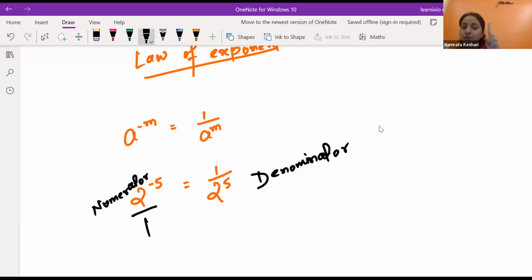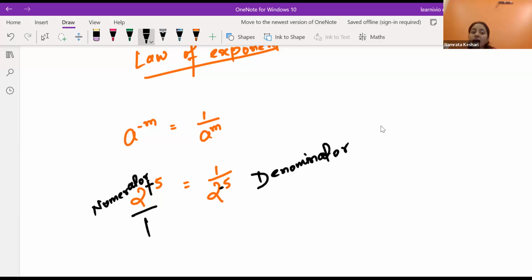Only one change you have to do: if your power was negative previously, this time your power will be positive. And if it was positive, then this time it will be negative. So you just have to reverse the sign of the power when you are switching the place of any number from numerator to denominator, or from denominator to numerator. From now onward, maths will allow you to do so.